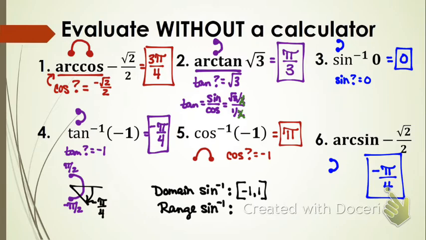This is what we had to restrict the domain of sine to. Does anybody have it written down from yesterday? What did we say the range on inverse sine was? From -pi/2 to pi/2. So all of our answers, all of our output has to be in here. So 7pi/4, that's too big. That's outside of that range. Does that help answer your question? Yes, that's why we had to do that. That's a fantastic question, and I'm glad you asked me to clarify that.